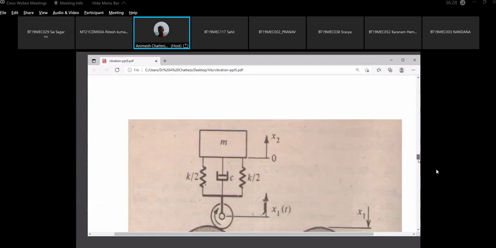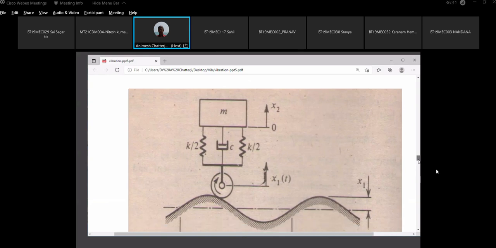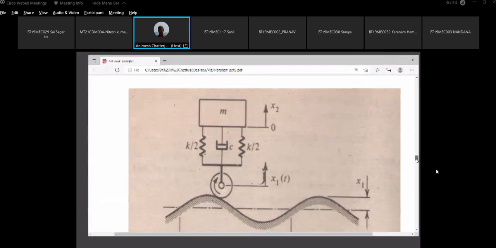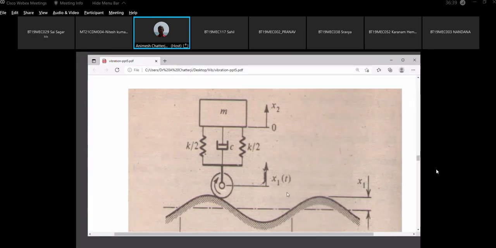Now let me go to support transmissibility, or motion transmissibility. So this is an example. There are many other examples, but this is an example which represents motion transmissibility. Motion transmissibility means we have a system where disturbance comes not in the form of force, but in the form of varying displacement.